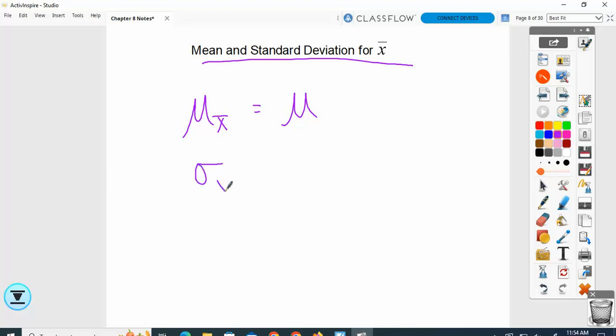The standard deviation for the sample means is the population standard deviation divided by the square root of N. These are on your formula sheet, under chapter 8, the first bullet, the mean and standard deviation for the sample means. And that is the big thing that we are working on the rest of the day today.